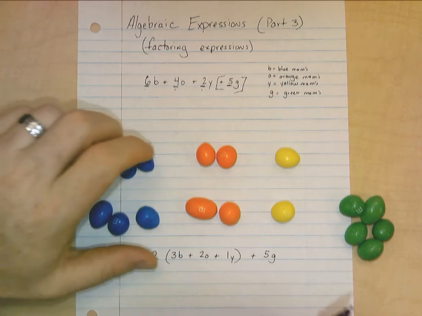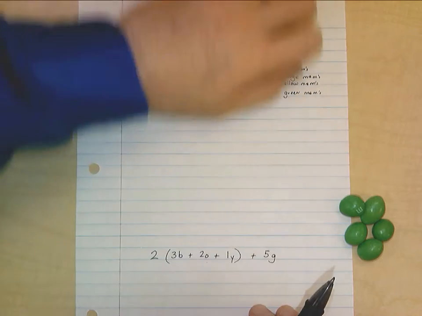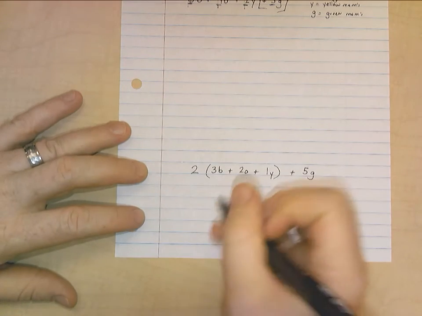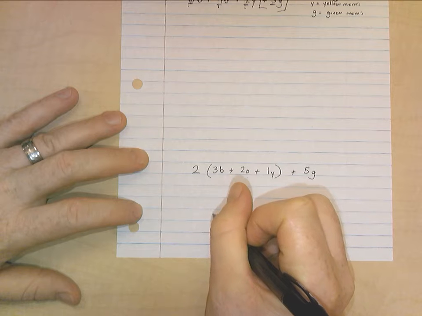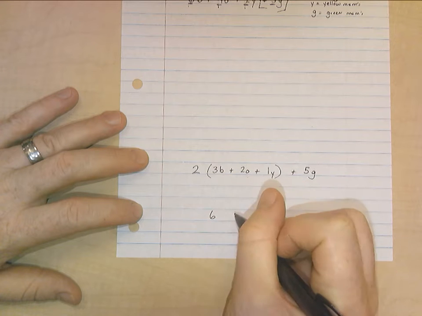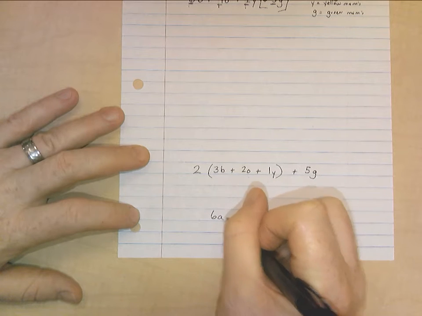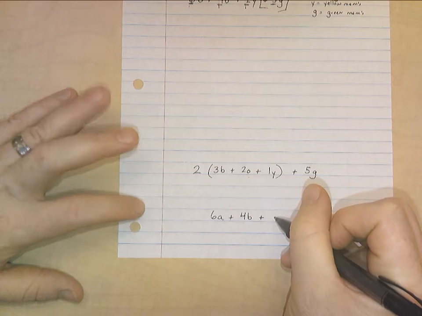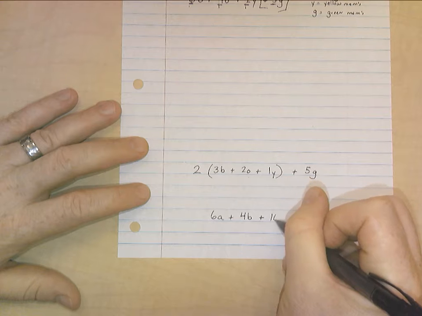So let's think of another example that's a little bit more theoretical and not so practical, like the M&Ms. Let's say I have 6a plus 4b plus, let's come up with another one, let's say 10c.